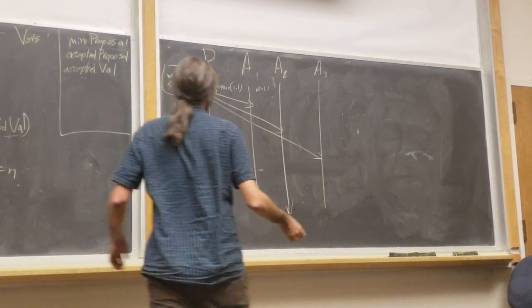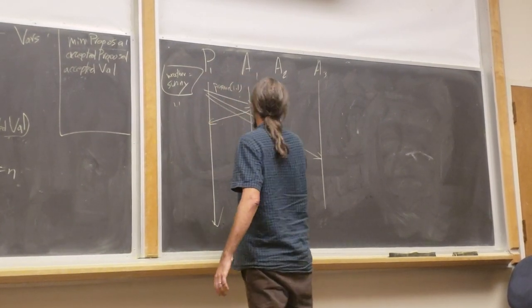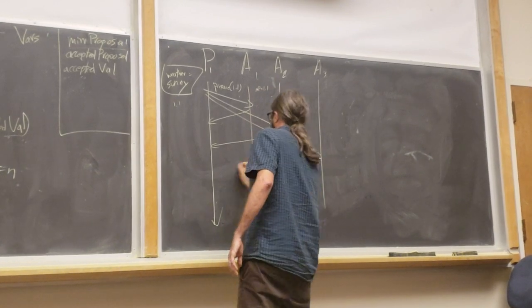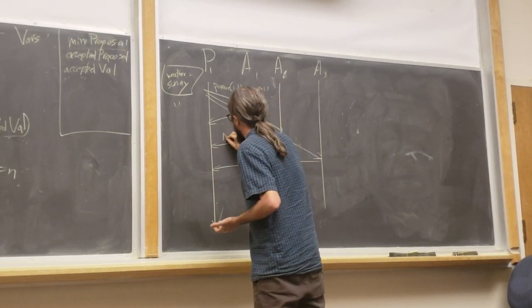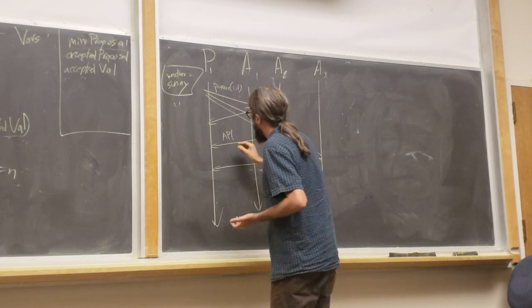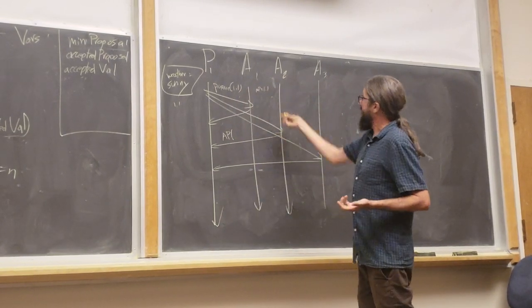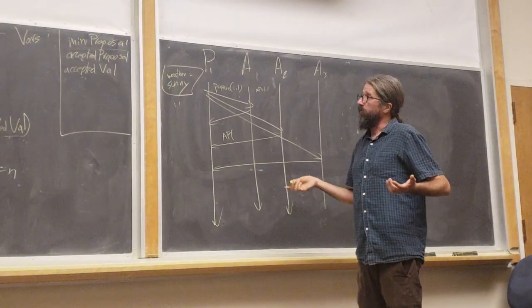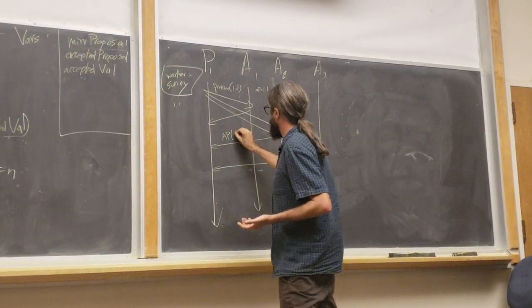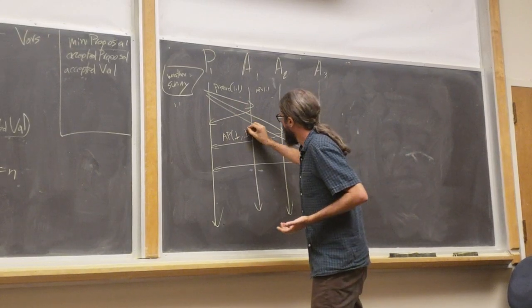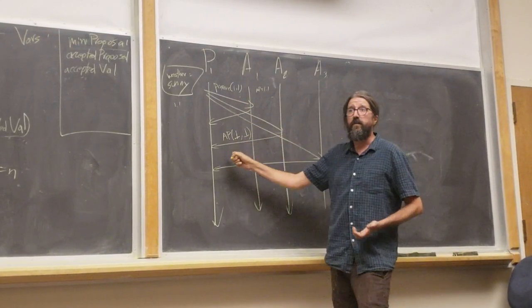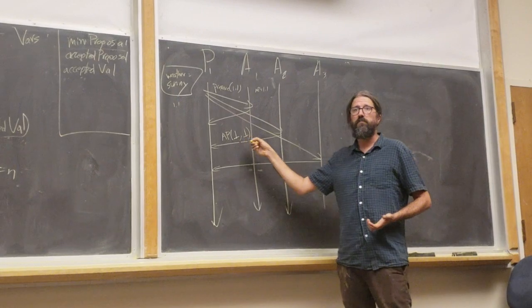And then they respond, and they're all identical. It's going to say accepted proposal. Don't make me write that out. I'm just going to write AP. But, for example, A2 has never accepted another proposal, so the value of accepted proposal is empty. I'm just going to write the bottom symbol, right? And the value of accepted val is empty, too. And in fact, all 3 of these responses come back AP, bottom, bottom.